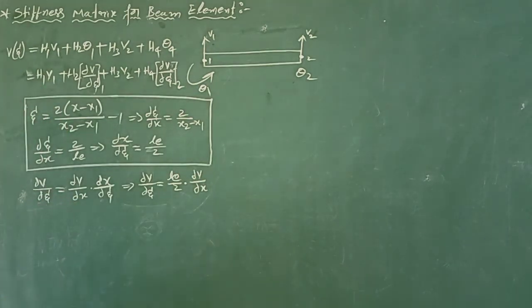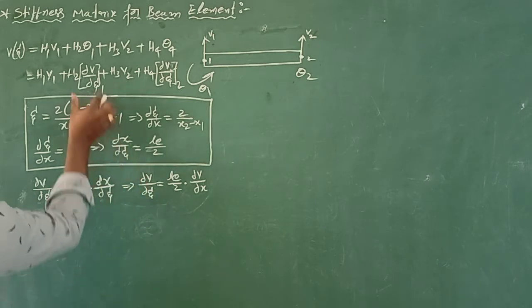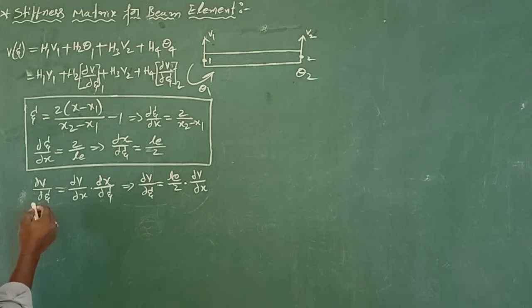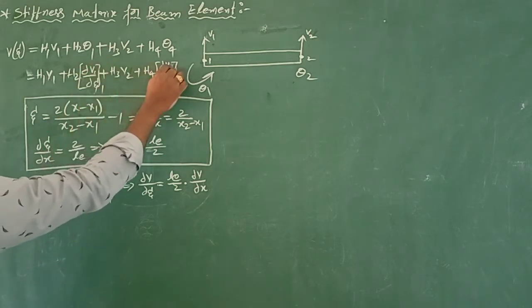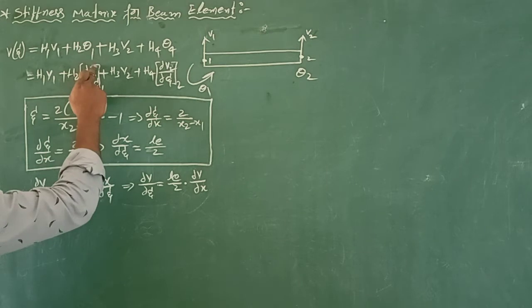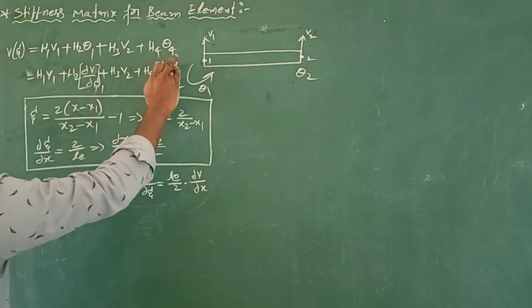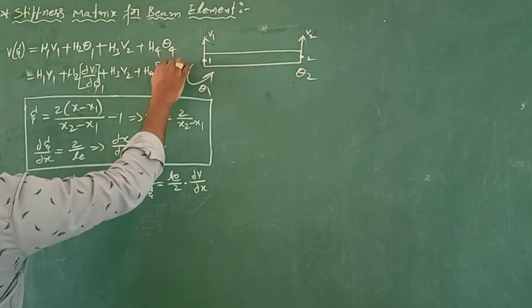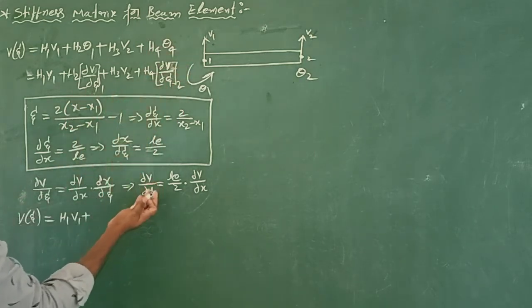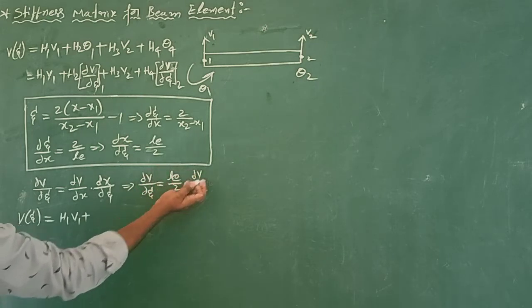Next, substitute this value in both equation 1 and 2. V of j is equal to h1 v1 plus, so don't mention it here, because slope means dou v by dou j is equal to LE by 2 into dou v by dou x.